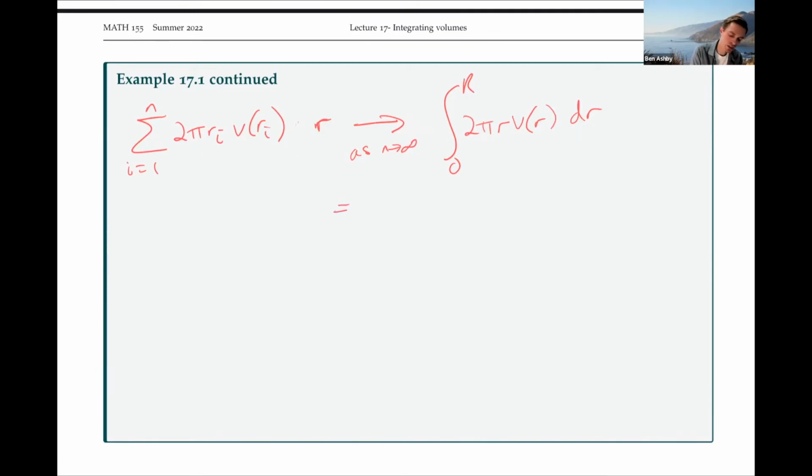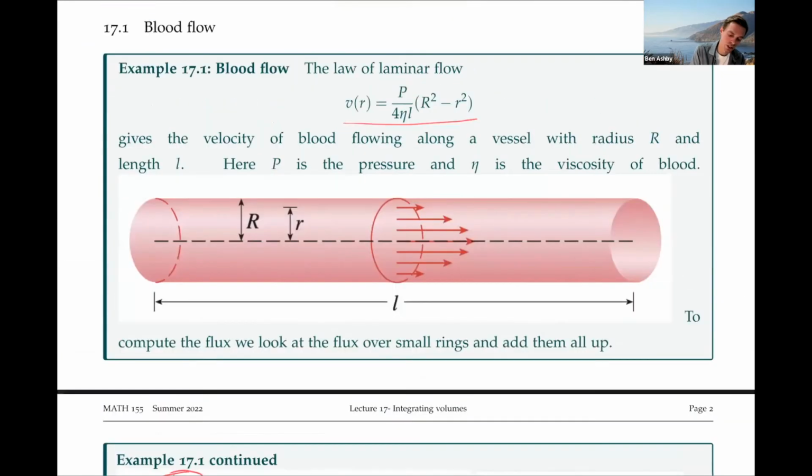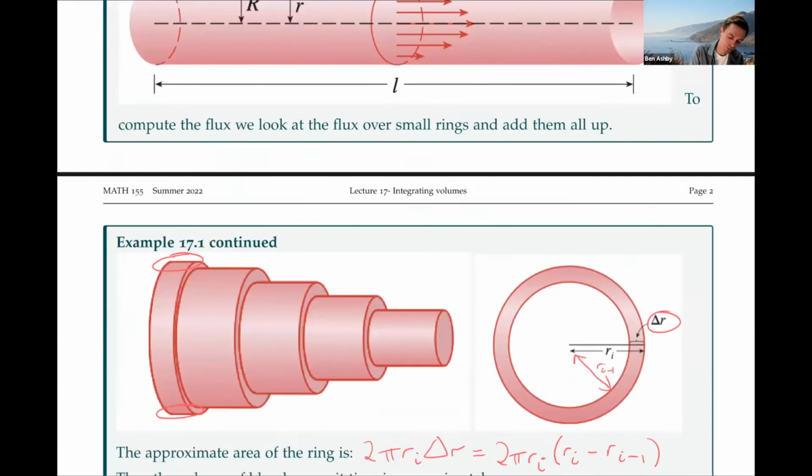So we can take out this 2 pi to the front and then substitute in our function for v of r. Remember, this is just P over 4 pi eta L times big R squared minus little r squared, dr. That's just this v of r from the beginning.